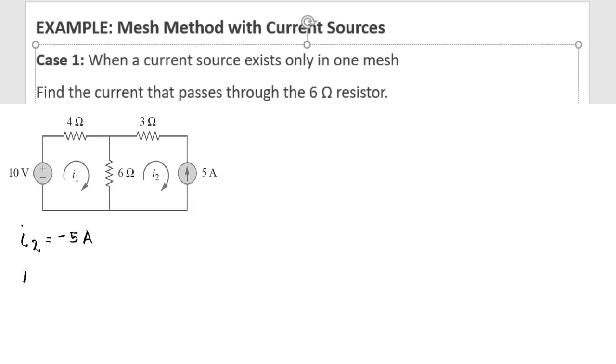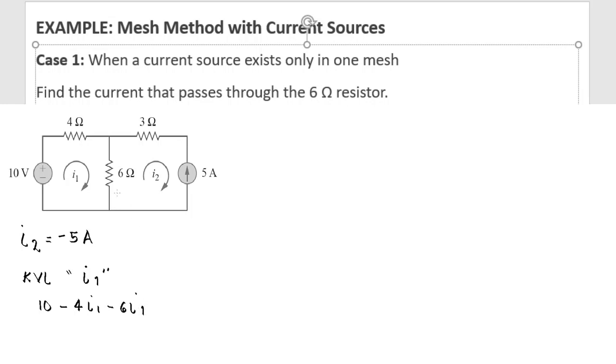And for equation 2, we will do the KVL at I1. Let's start with the 10 volts. Now you guess what is it? That would be a positive 10. For this 4 ohm resistor, that will be minus 4I1. For this 6 ohm resistor, there are two loop currents that pass through this. We have I1 and I2. For I1, our point of reference is I1 also, so that would be a negative 6I1.